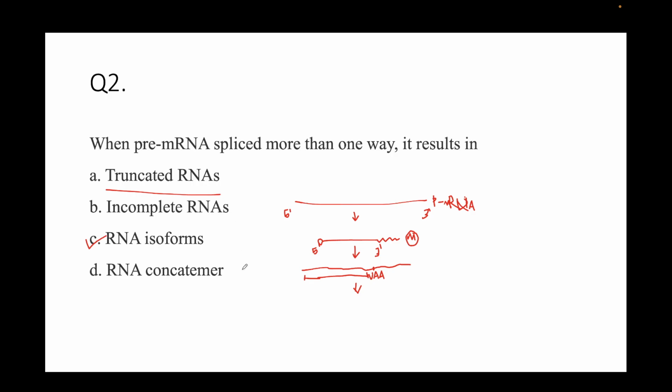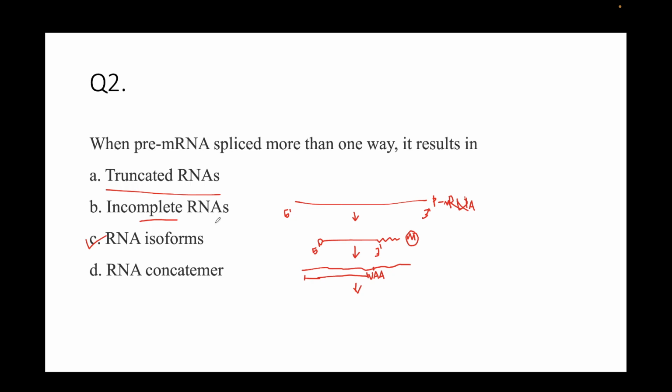Truncated RNAs means they have been cut in half, like some stop codons are there which are hampering the translation of the whole polypeptide chain. Got it? Incomplete RNA is kind of similar to truncated RNA.